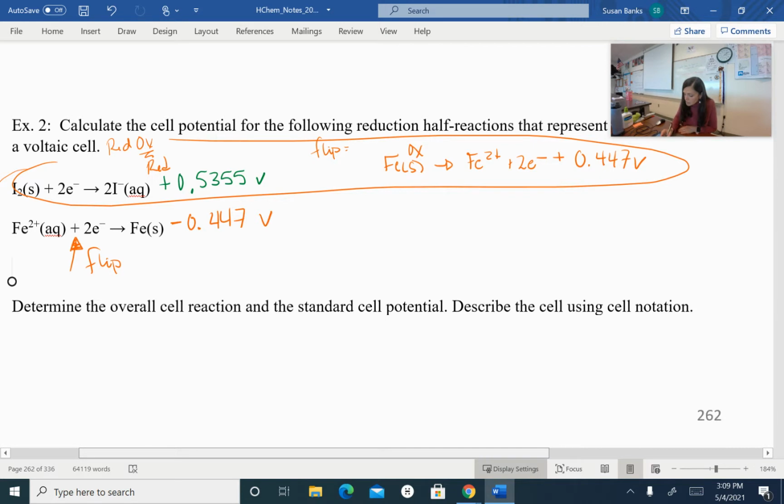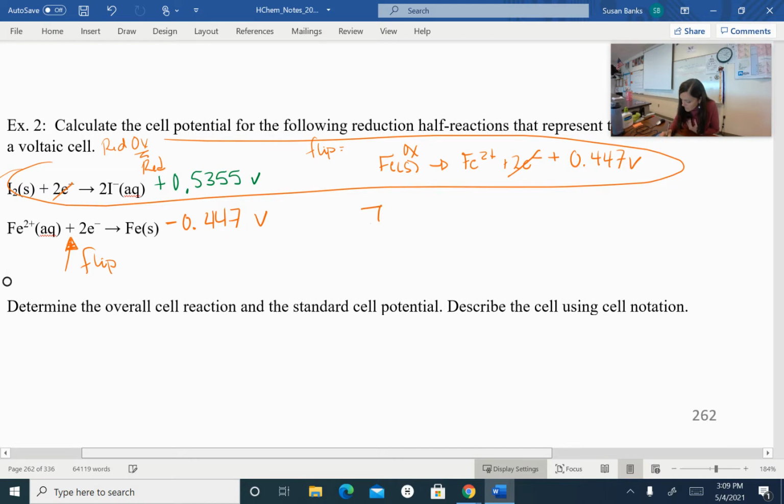So if I put these two equations together, notice the electrons are on opposite sides of the equation, so they can essentially cancel. So my overall reaction here is going to be iodine, solid, plus iron, solid, going to iron plus 2, aqueous, plus 2 iodides, aqueous. Okay?